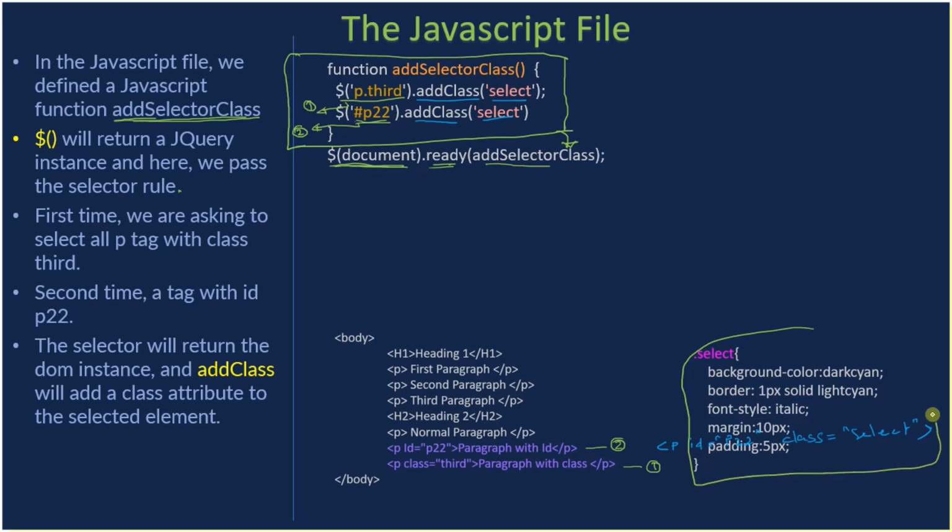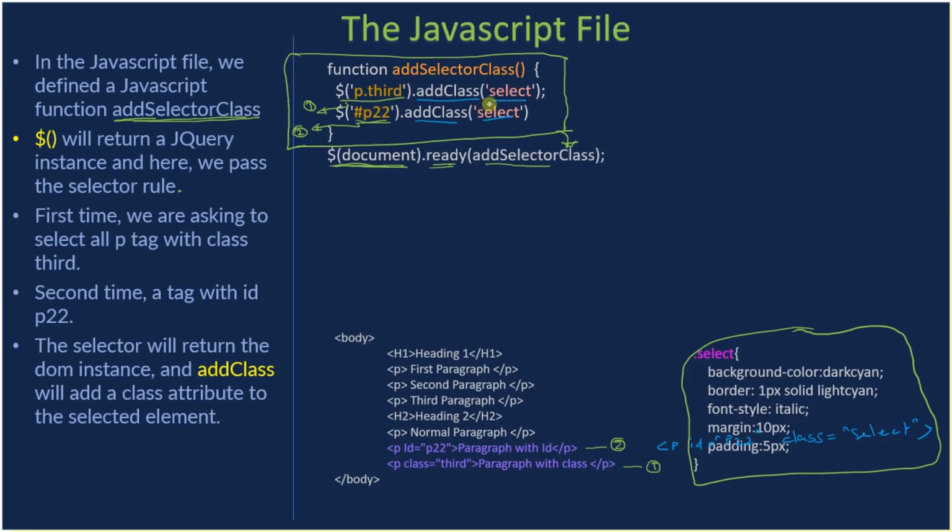We already defined the CSS rule for the HTML file, and we linked that using the link element in the header section, right? That's not displayed here, but in the previous video when we created the HTML file, at that time we referred to the CSS rule. So in the CSS rule, we already defined the class select, right? And we are adding that select class dynamically.